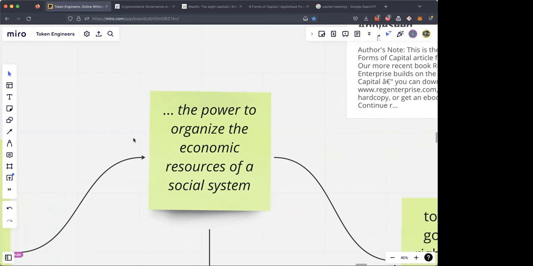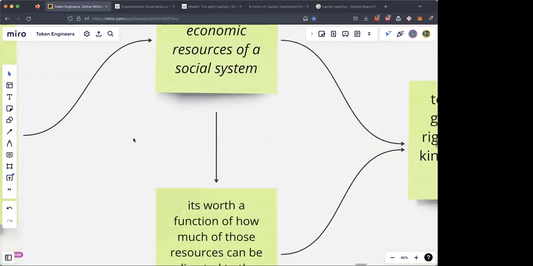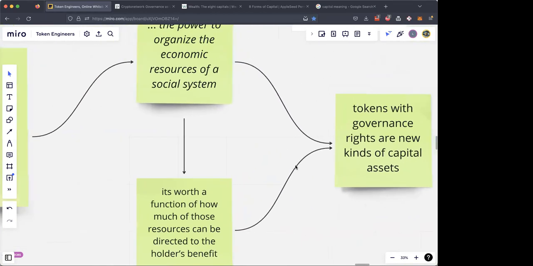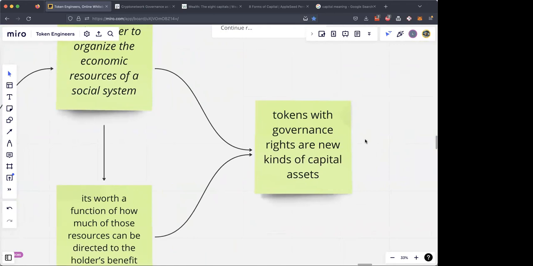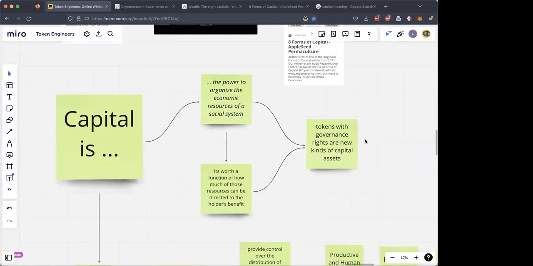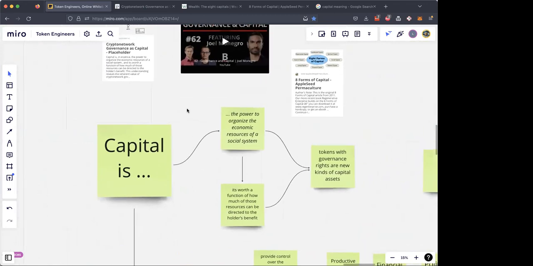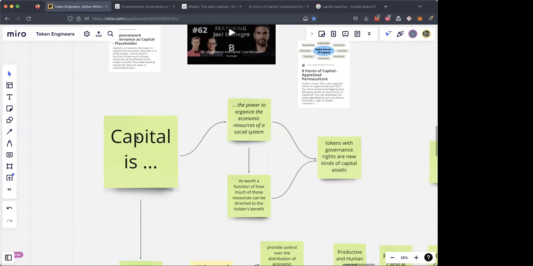Because they make more money, they allocate that capital. So capital is a function of how much of those resources can be directed to the holder's benefit. And taken together, tokens with governance rights are new kinds of capital assets, which means once you have those governance tokens, that's your political capital.